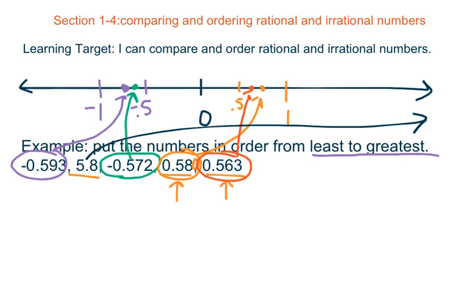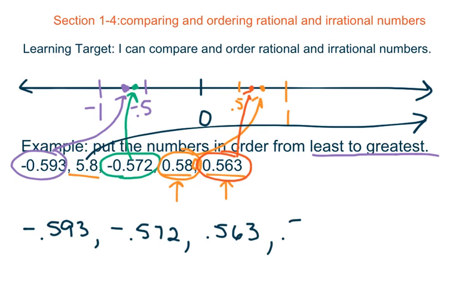So let's go ahead and order these from least to greatest. So the least is on the far left. So in order from least to greatest, I'm going to have negative 0.593. Then I'm going to have negative 0.572. And then I'm going to have 0.563.